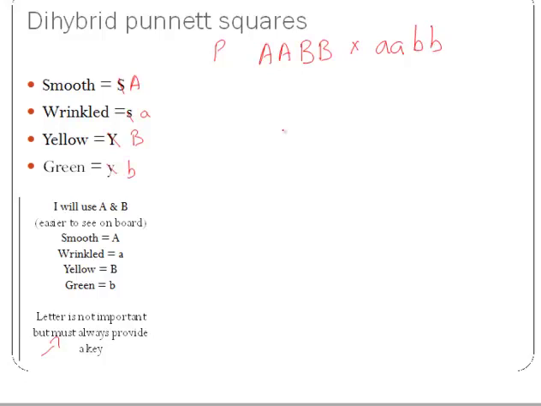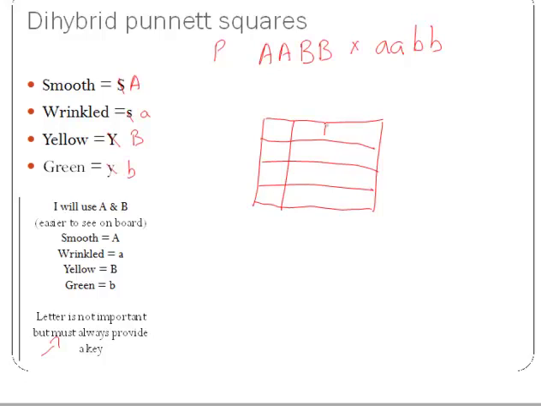If we do a Punnett square, we need a slightly larger square now because we're doing dihybrids. So I will draw a slightly larger square. And again, one parent's going to go down the side and one parent across the top.